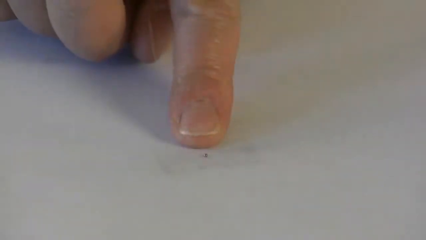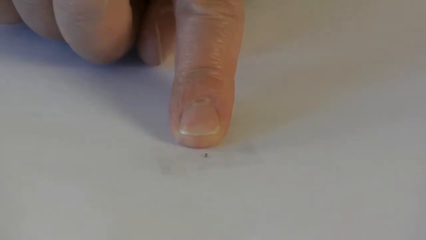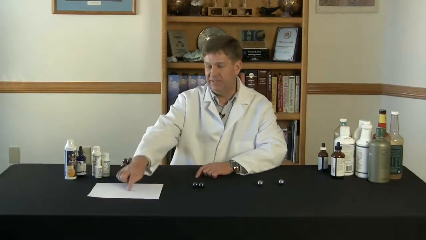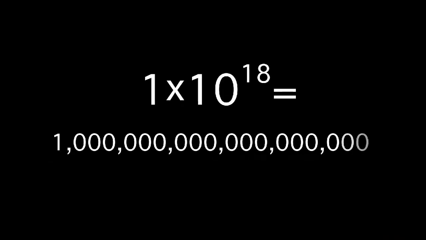What that means also is that if you had a sphere with a radius of 1 kilometer, inside that sphere you could fit 1 quintillion of these 1 millimeter ball bearings that represent the ion. Most people aren't familiar with the term quintillion, so I'll tell you, that's 1 × 10¹⁸, or 1 with 18 zeros.